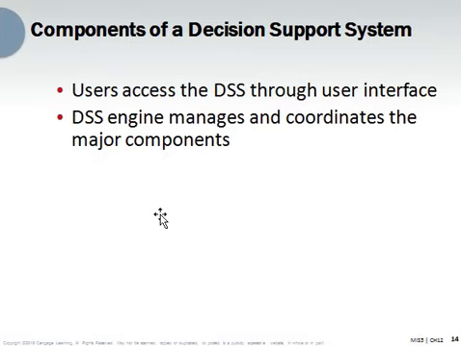The DSS engine, a software program, manages and coordinates between the users, the data, the database managers and all the different components of DSS, right? So this is how it exactly works.